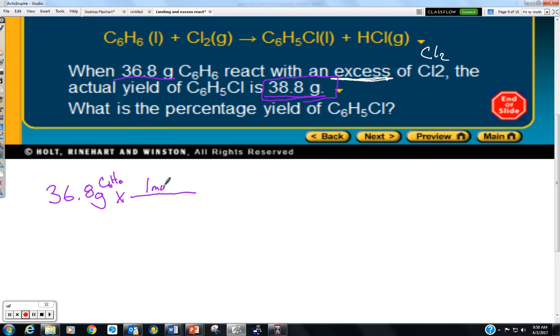So I have 1 mole of C6H6. And what is my molar mass of benzene? 78.